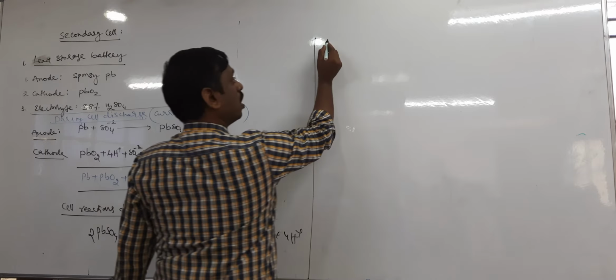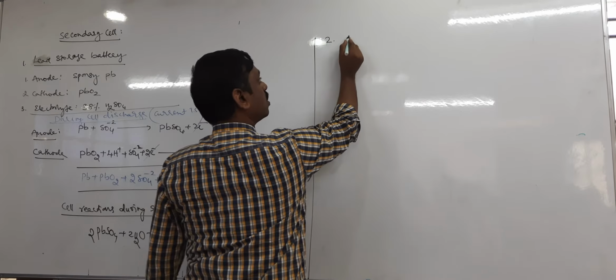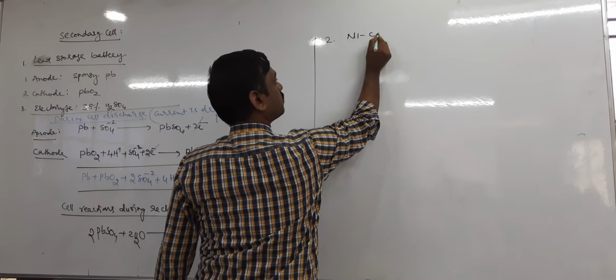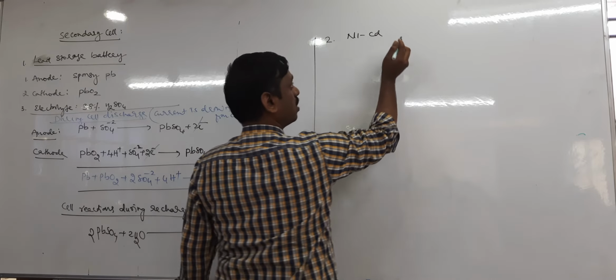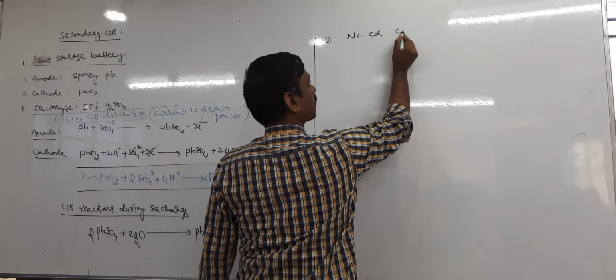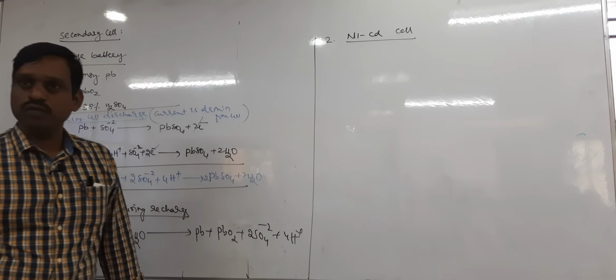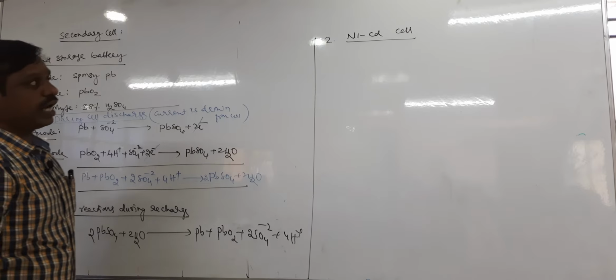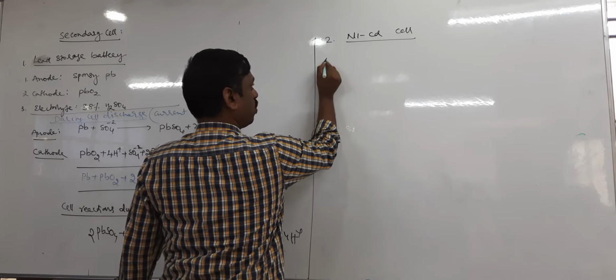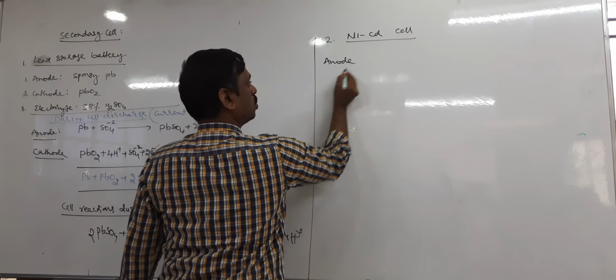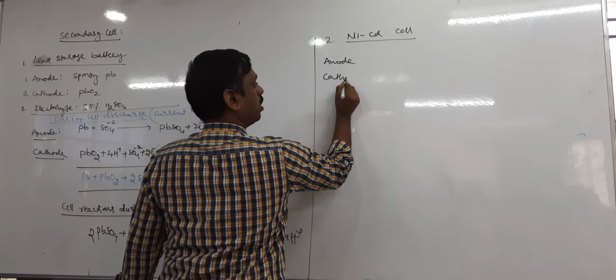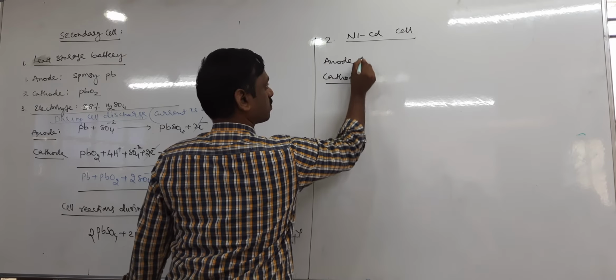Next, another secondary cell is nickel cadmium, write down, the nickel cadmium cell or nickel cadmium battery. In the nickel cadmium cell, what are the anode, cathode and electrolyte?